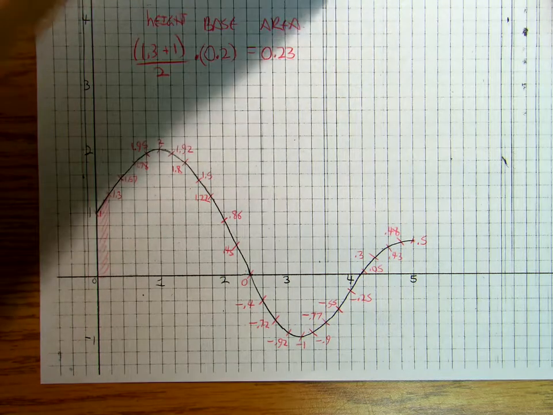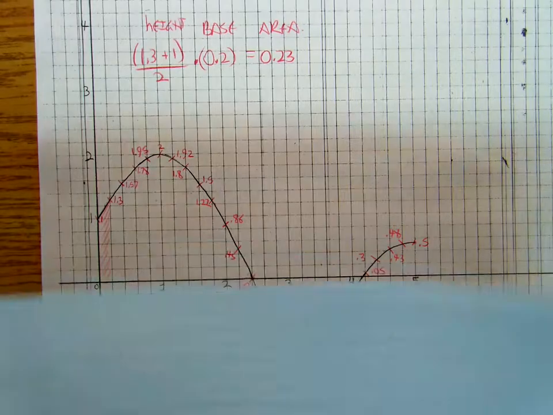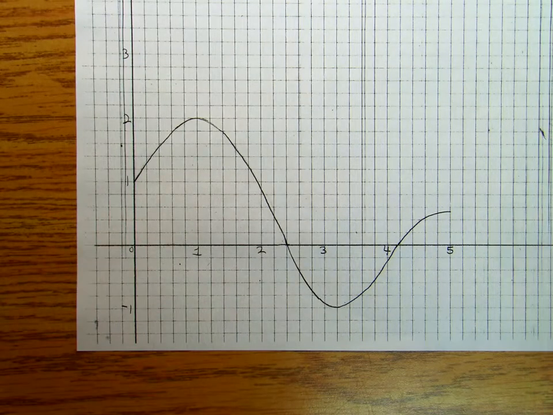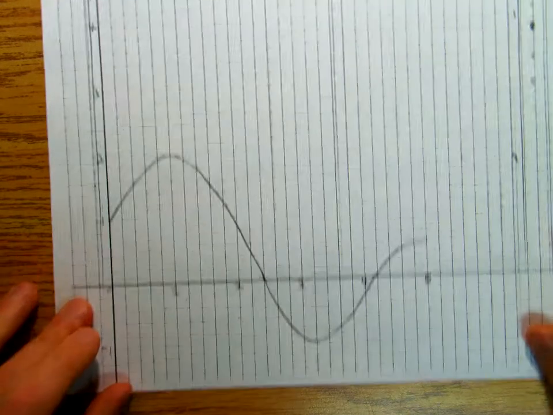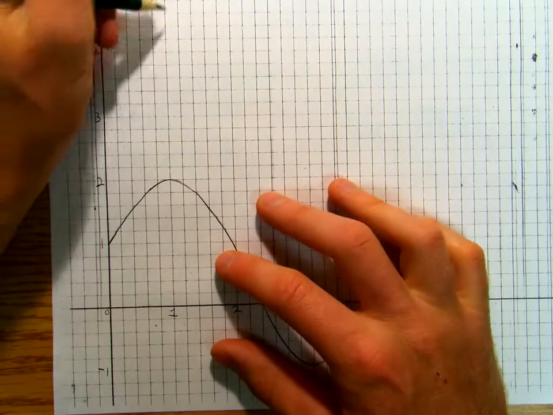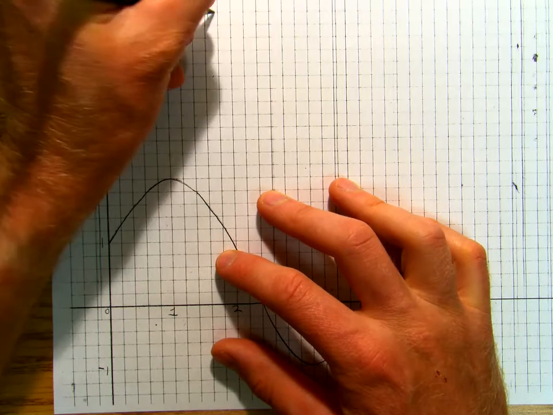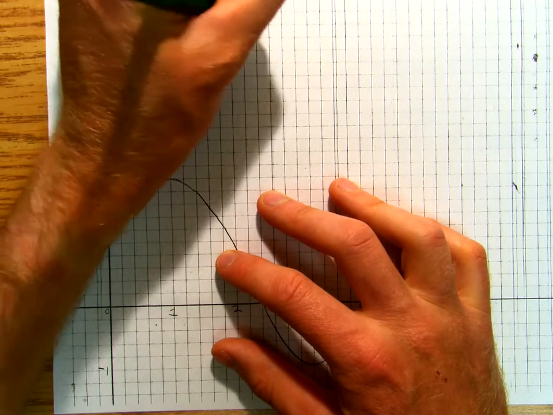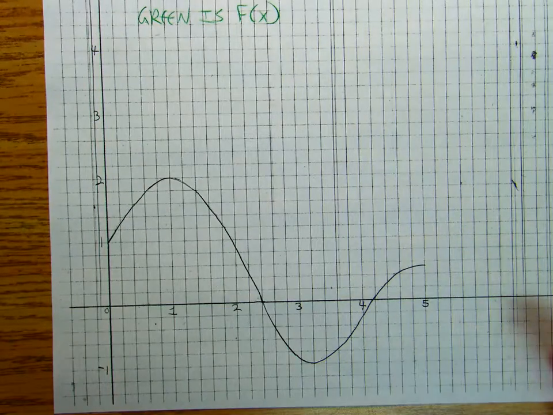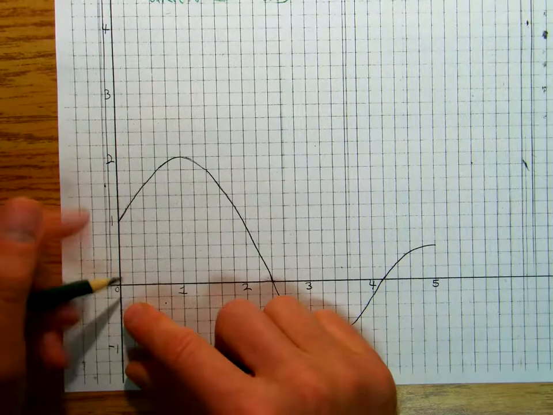Here I'm going to go a little bit fast, because now what I'm going to do is say that green is f of x.